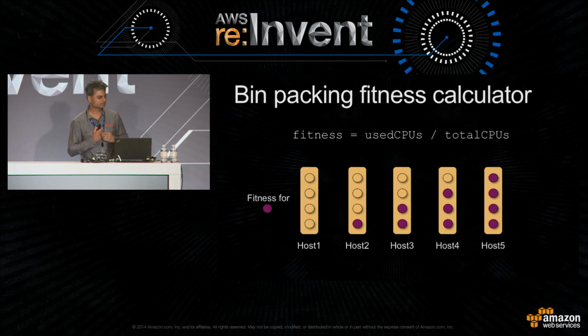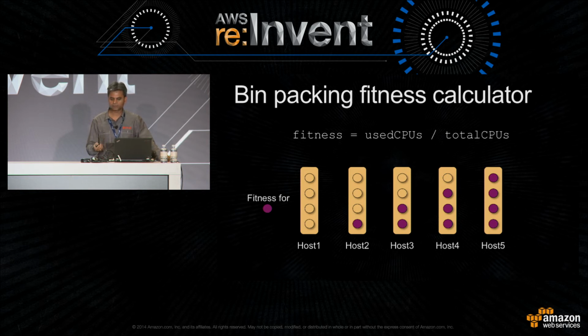It's actually very simple. It can be defined as the ratio of used CPUs to the total CPUs if I was doing CPU bin packing. And then suppose we have 5 hosts. Host 1 having no other tasks running on it right now, host 5 having all CPUs already taken for other tasks.